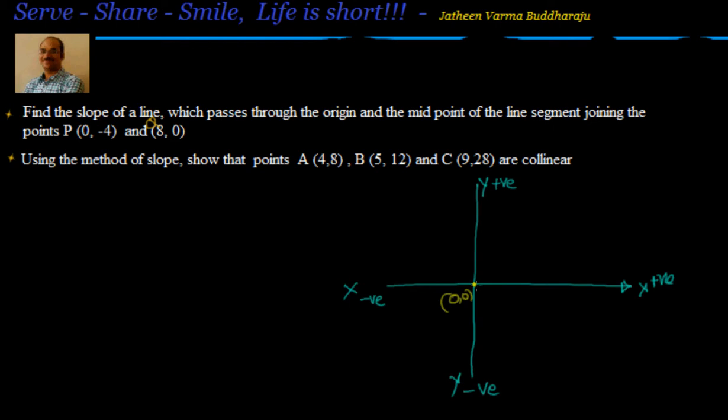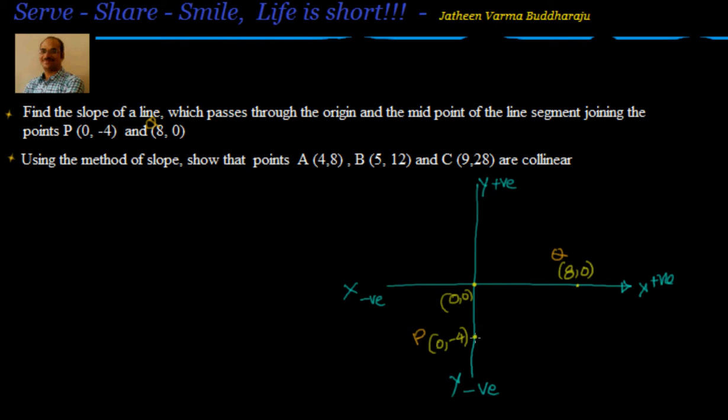Let us say (0, -4) will be somewhere here, and the other point is (8, 0). Let us say this is (8, 0). The line passes through (0, 0) and the midpoint of these 2 points, these are P and Q. So PQ is a line segment.